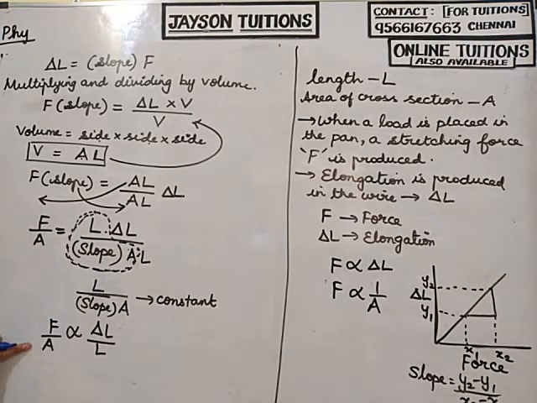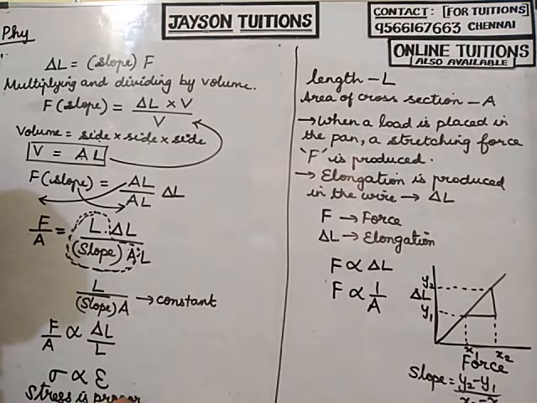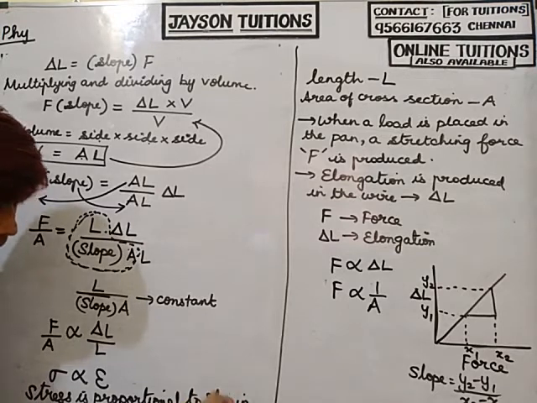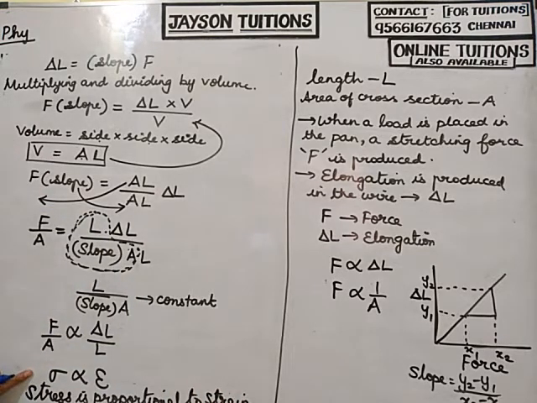F by A is nothing but your stress, and delta L by L is nothing but your strain. Already we have discussed what is stress, what is strain, what are the types of stress and the types of strain. So stress is proportional to strain, but this should be within the elastic limit.